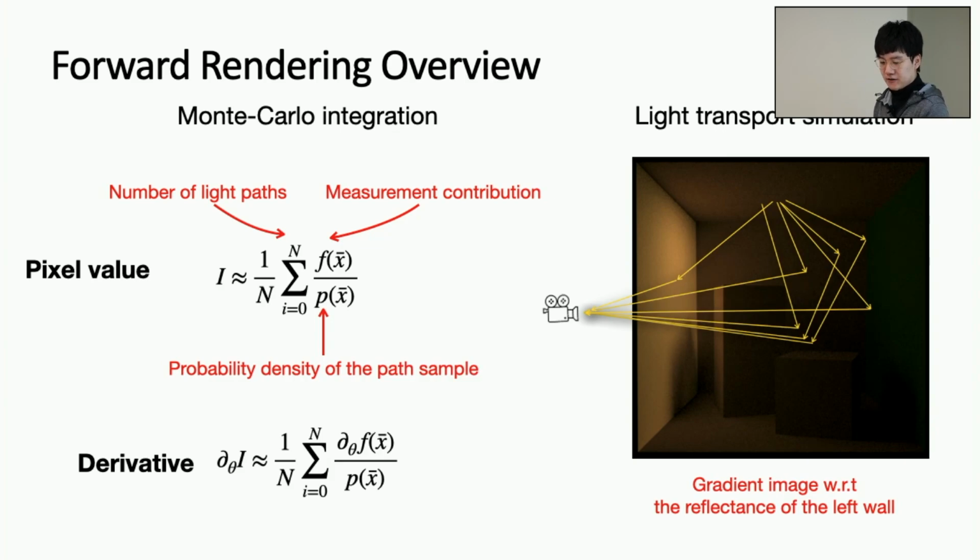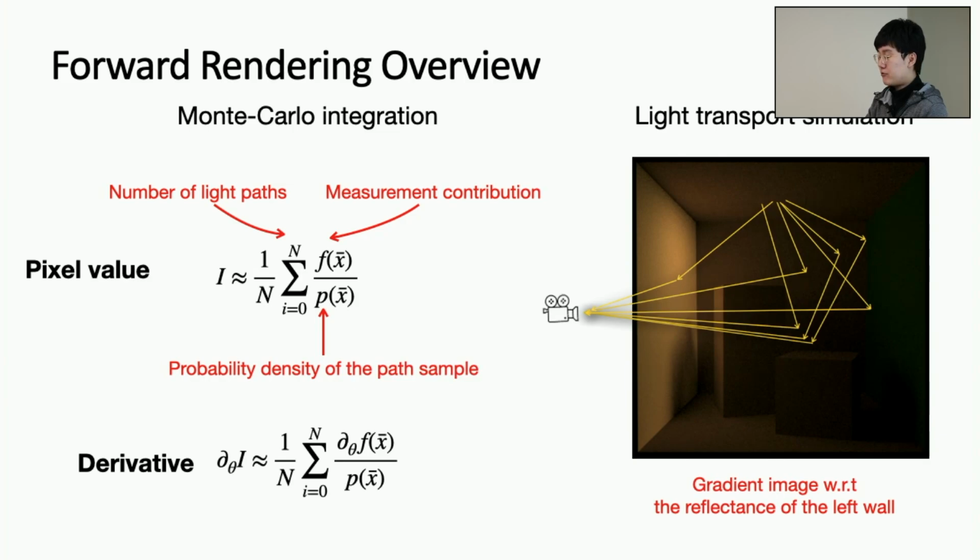The derivative of the pixel value with respect to the parameter theta approximately equals a weighted average of the derivative of the measurement contribution function. Generally, a rendering equation is an integral with discontinuity.